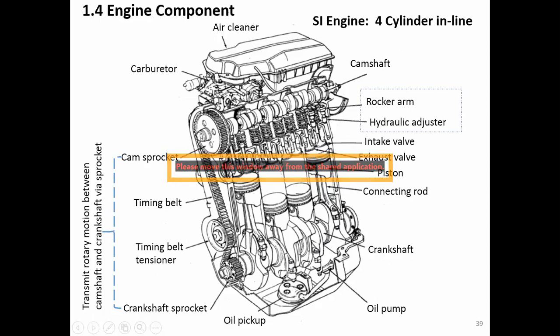The valve can go up and down because of this rocker arm, and this rocker arm attaches to the camshaft. For the hydraulic adjuster, we will talk about it in the next slide. Why do we need this hydraulic adjuster? Below here, you see the oil pump or the lubrication oil here, and you have an oil pickup here. So that means underneath here is the sump for the lubrication oil.